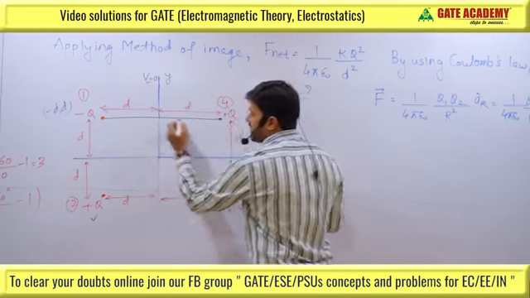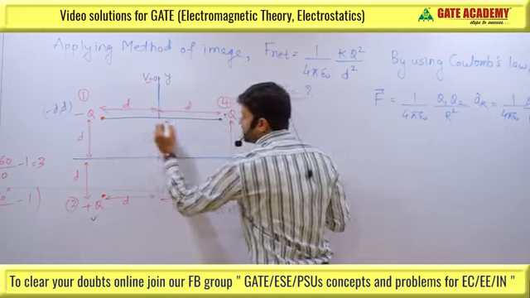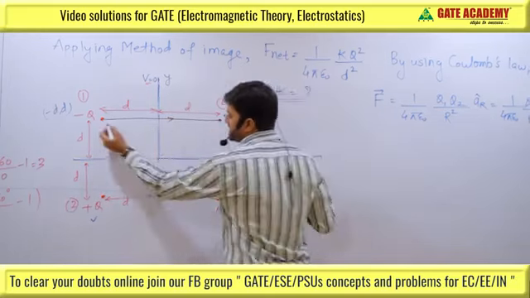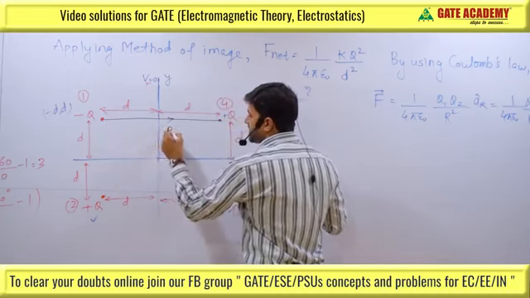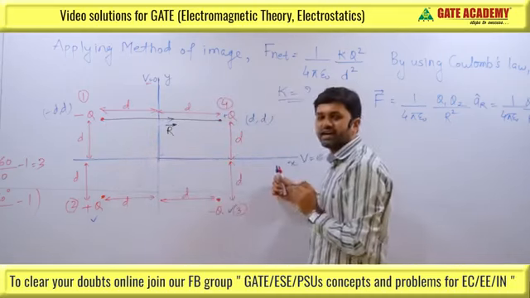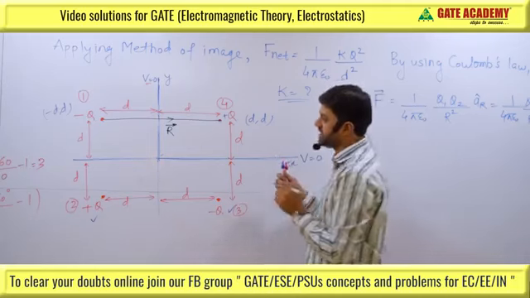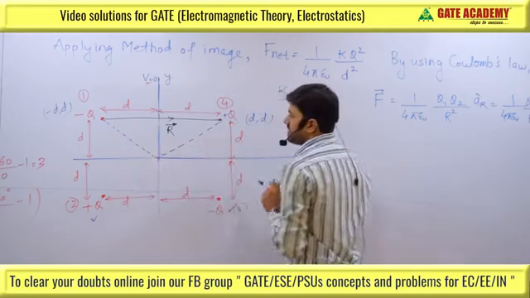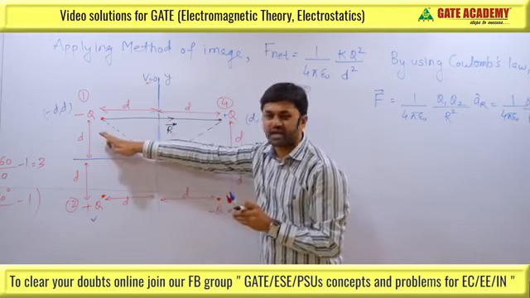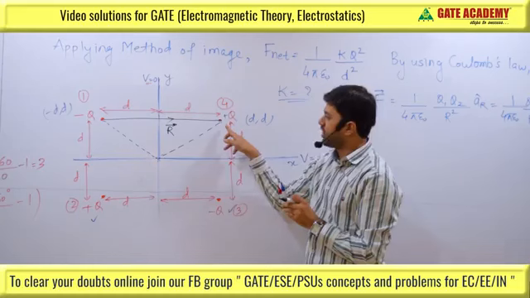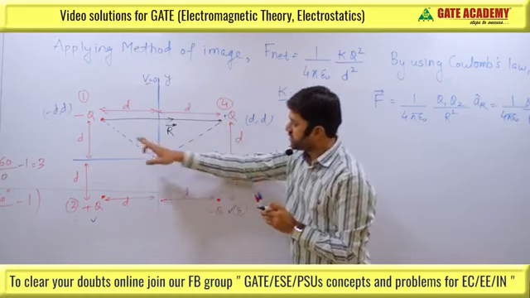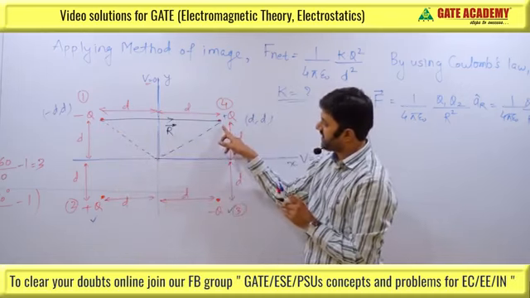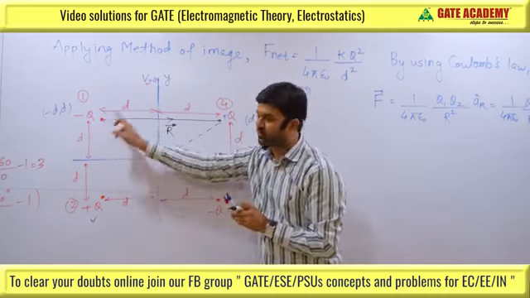So this is the line joining between them, and this is the final point and this is the initial point, and this vector is called vector r, and this is known as the displacement vector, which is calculated with respect to origin. This is the displacement from the initial point to the final point where we have to calculate force. So we are moving from this point to this point. So this is our final point and this is our initial point.